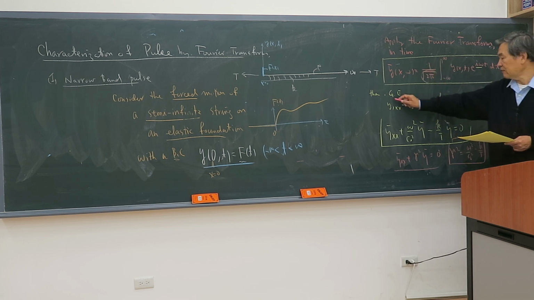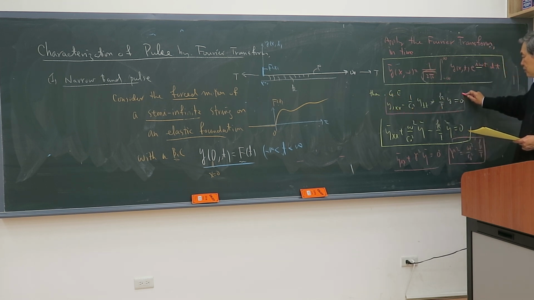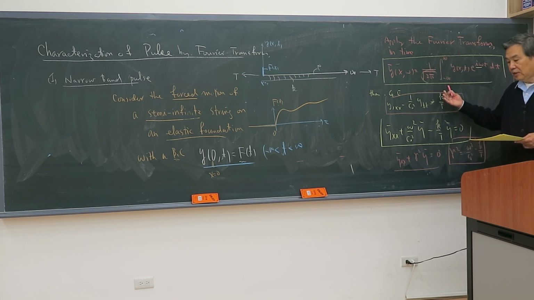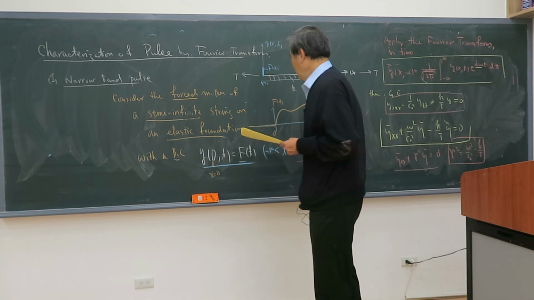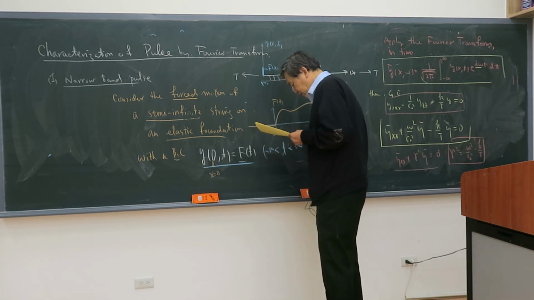After we transform this governing partial differential equation about one variable, we can degenerate from PDE to ODE. Okay? All right, so we solve it.